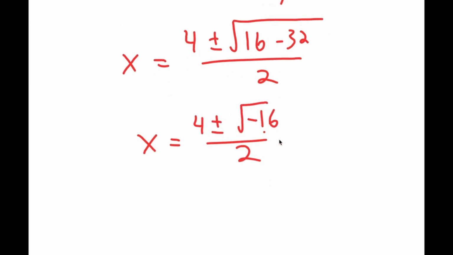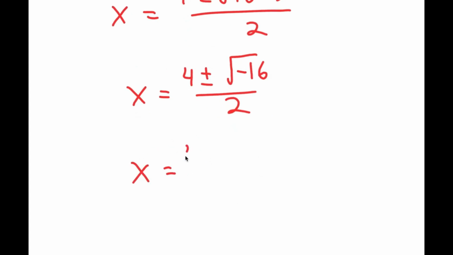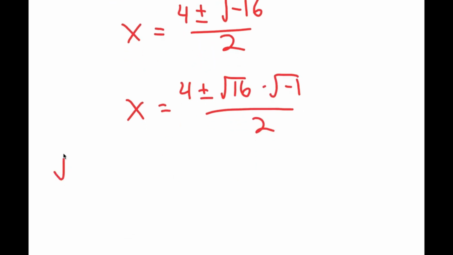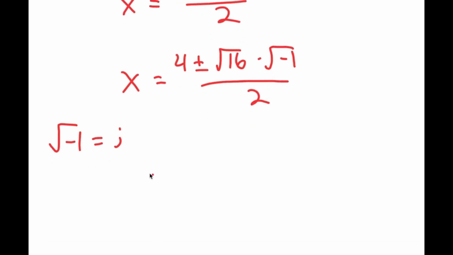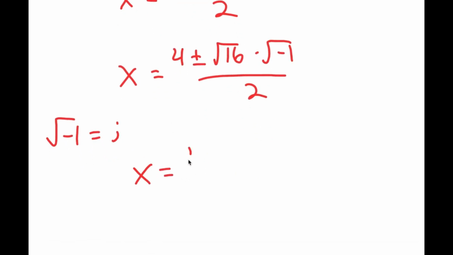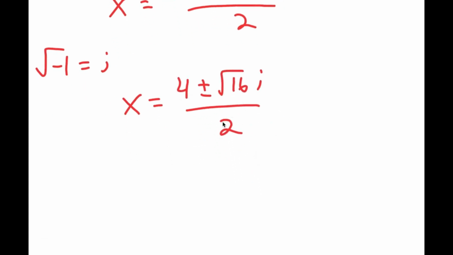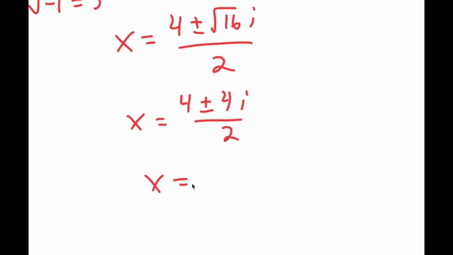So now, the square root of negative 16, I can rewrite as the square root of 16 times the square root of negative 1, and the square root of negative 1 is equal to i. So I get x is equal to 4 plus or minus the square root of 16 times i over 2, and the square root of 16 is equal to 4, so I get x is equal to 4 plus or minus 4i over 2, which turns into 2 plus or minus 2i.